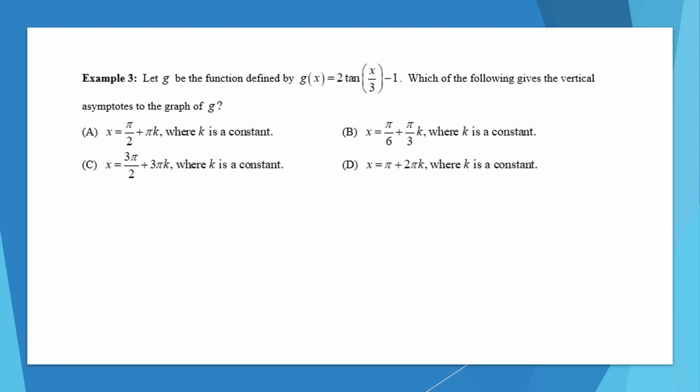Example number 3. Which of the following gives the vertical asymptotes to the graph of g? Here, there's a really easy trick. The long way is just graphing it by hand and looking for the vertical asymptotes. That takes a lot of work, so a quicker way is by memorizing where the graph of y equals tangent x has vertical asymptotes.